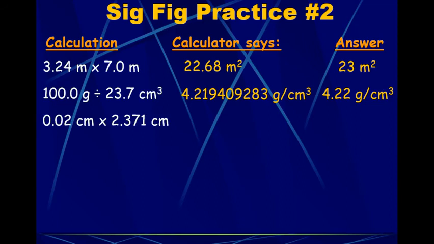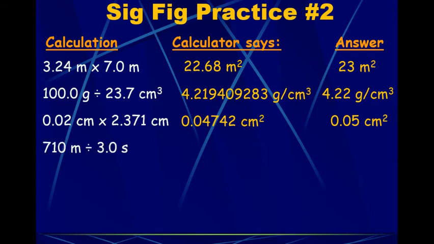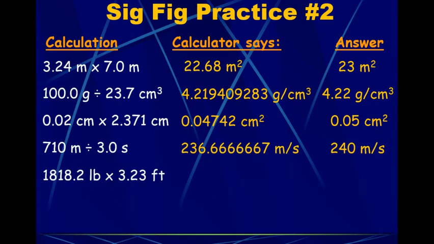0.02 centimeters only has 1 significant figure. 2.371 has 4. But we cannot report our answer in anything more precise than our least precise measurement. So even though my calculator says 0.04742, I would need to round it to 1 significant figure. Two significant figures for this answer.